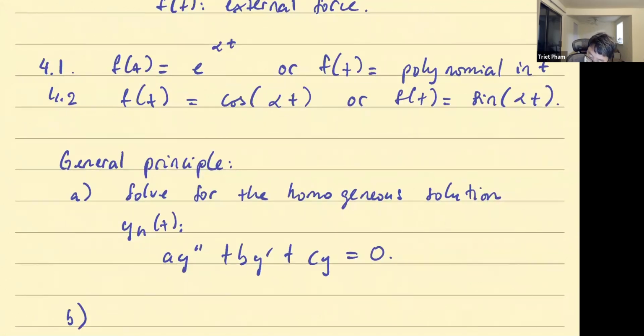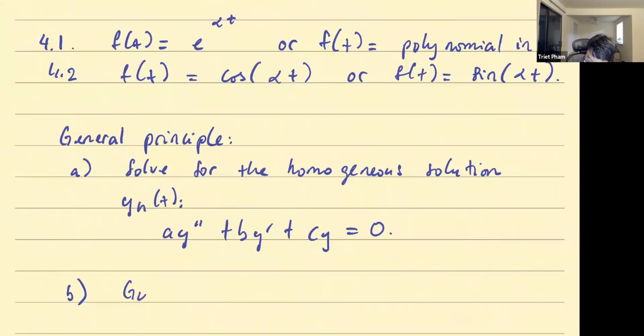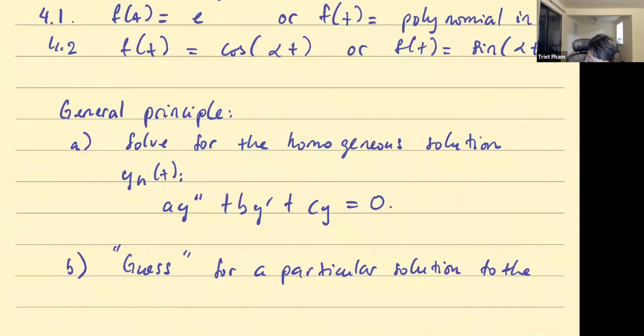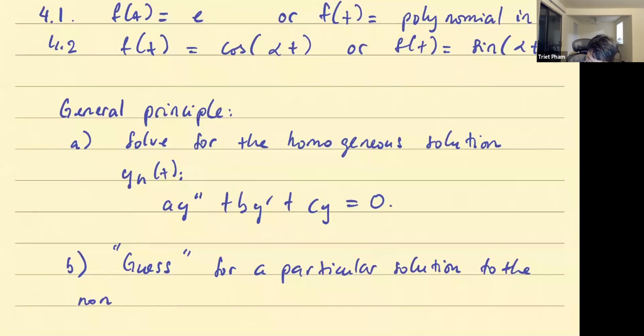And B is to guess a particular solution to the non-homogeneous equation. We call it y_p.